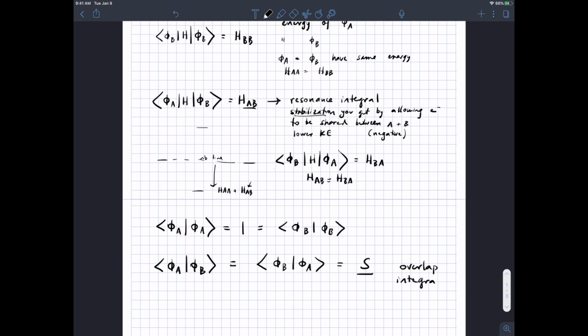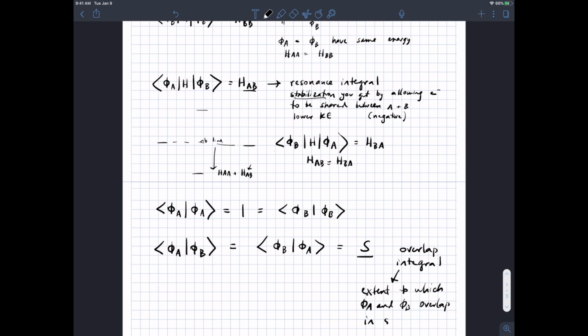And this has a physical meaning too. You can think of this as the extent to which these atomic orbitals, and I'm sorry about the penmanship, overlap in space. That may not be exactly what it means, but it's fine for you to think about it that way. And this number is non-zero when the orbitals are touching or when they're not orthogonal to each other. All right?